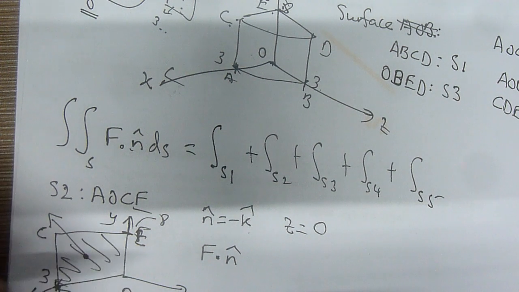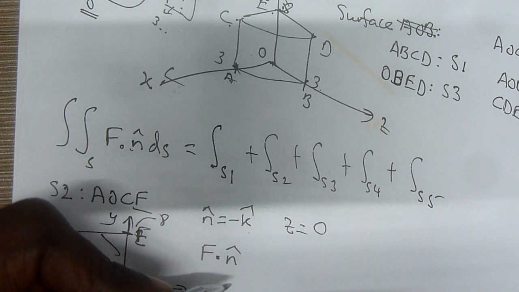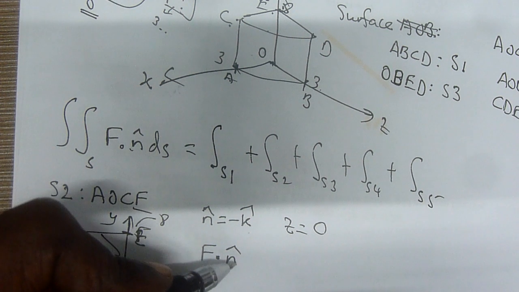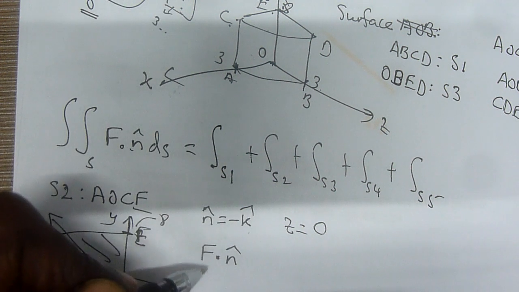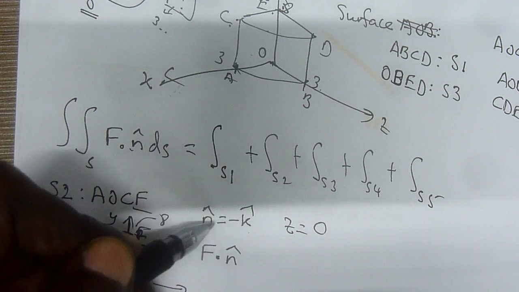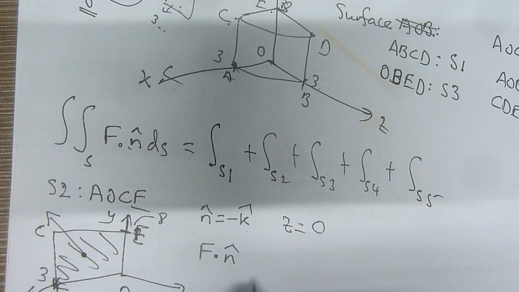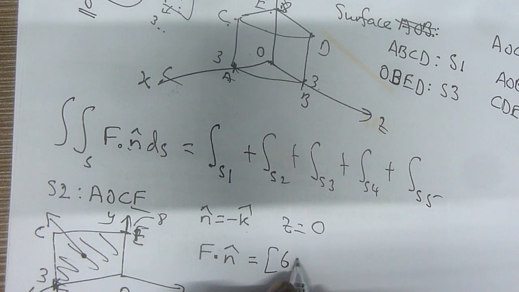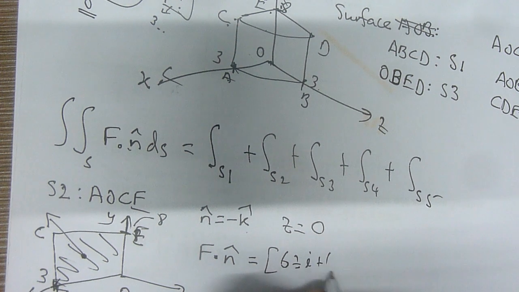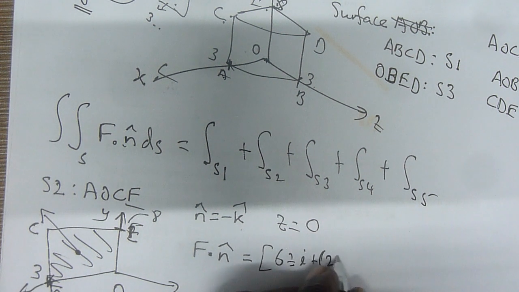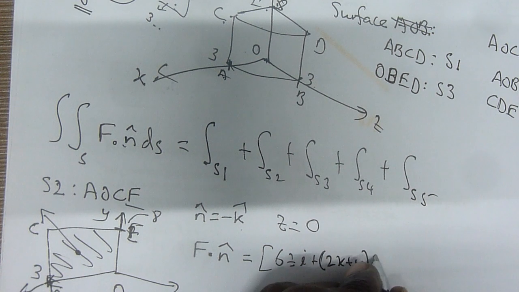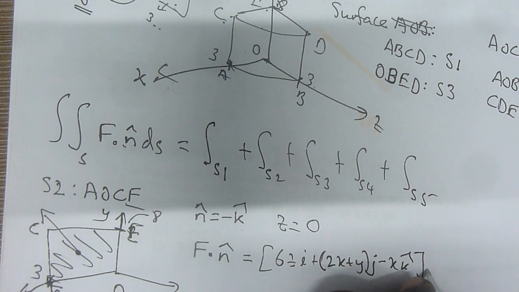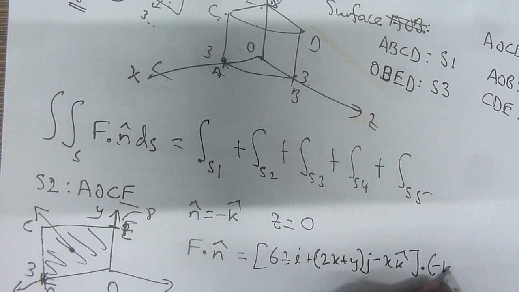After you collect that, you work on the F dot n product, times with the directions. When you do this, this is 6zi plus 2x plus yj plus xk, dot product with negative k. What will you get?